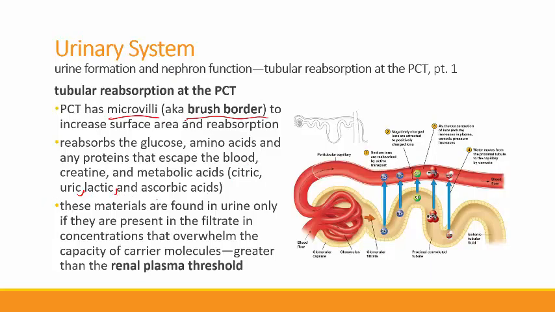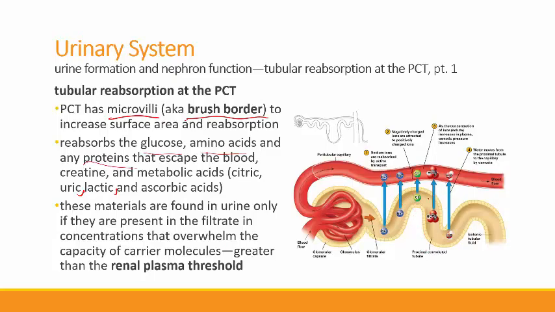And the only time that we find these materials like glucose or proteins and amino acids or the metabolic acids in the urine is if they are found in such great abundance that they overwhelm the capacity of the carrier molecules found here at the proximal convoluted tubule.